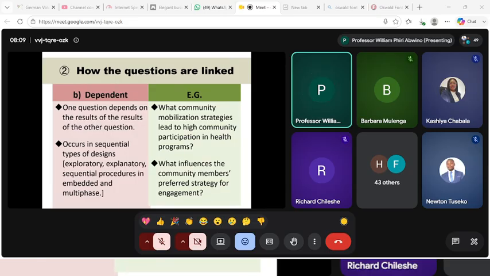One, exploratory sequential mixed research design. Write that one.